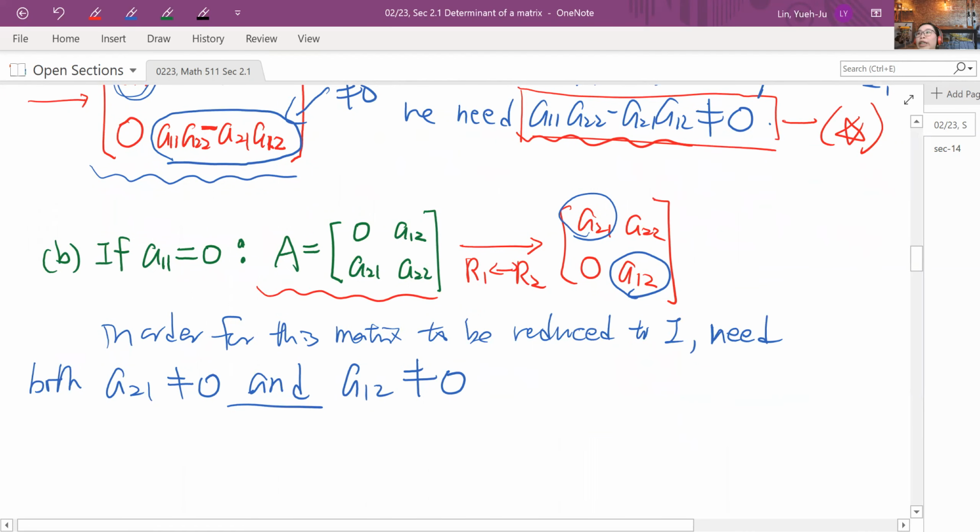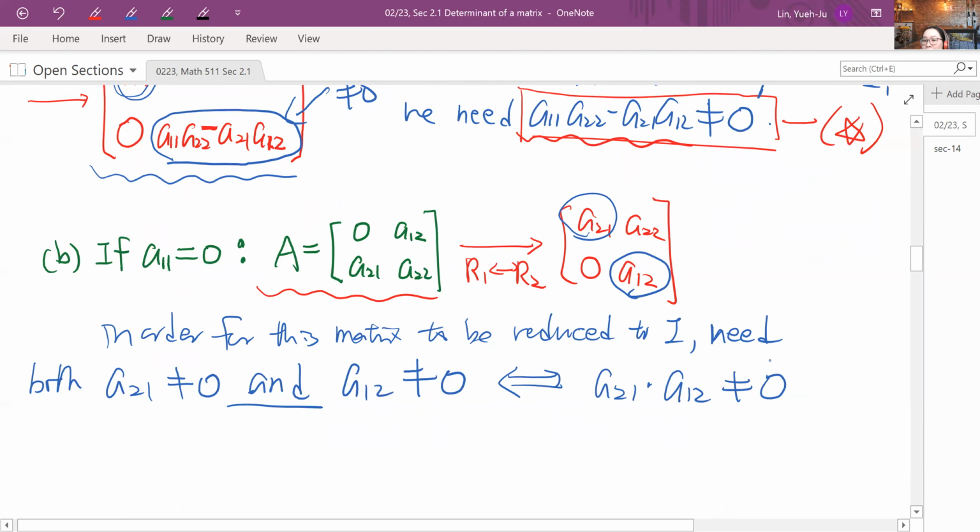But these two conditions can be combined into one. This is the same thing as saying that I want A21 times A12 to be non-zero. If the product is non-zero, that means both of them cannot be 0, right? But now you can see that this condition should be the same as this one: A11 A22 minus A21 A12 is non-zero.